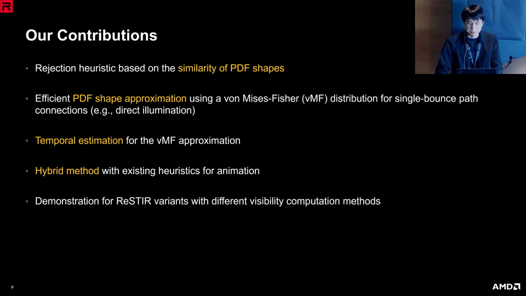We also present a temporal estimation for this VMF approximation. To handle the temporal estimation error for animated scenes, we use a hybrid method that combines an existing rejection heuristic and our PDF similarity. Finally, we demonstrate the effectiveness of our method for several ReSTIR variants with different visibility computation methods.